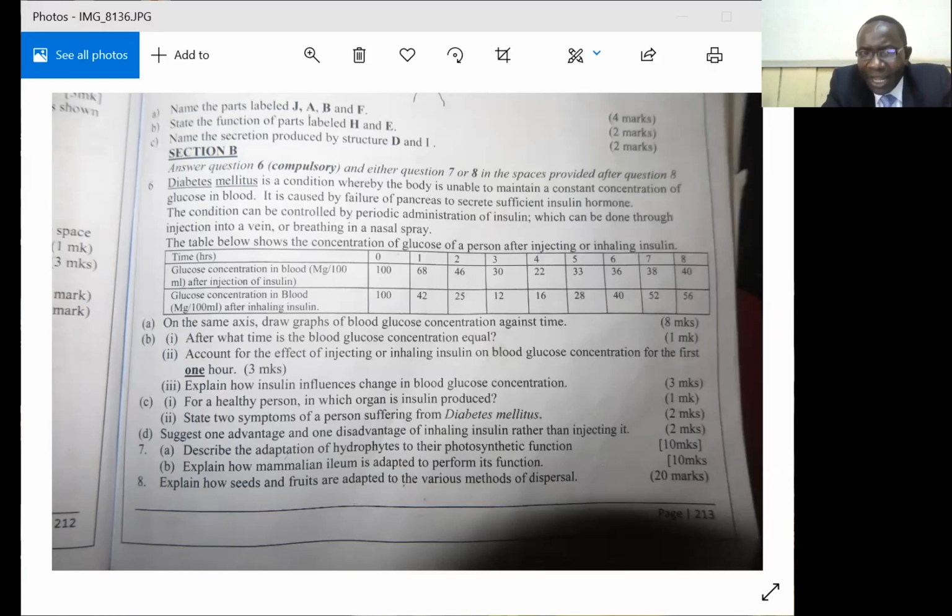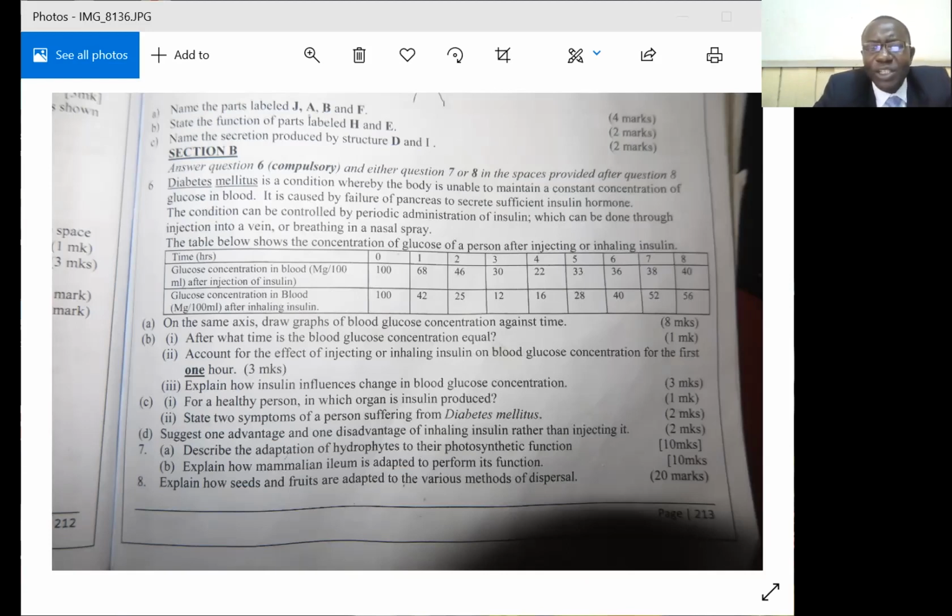The examiner is already aware that if insulin is injected and it takes 1 hour, it reduces from 100, as you can see from the table, to 68. You may have noted it and known it from the table.